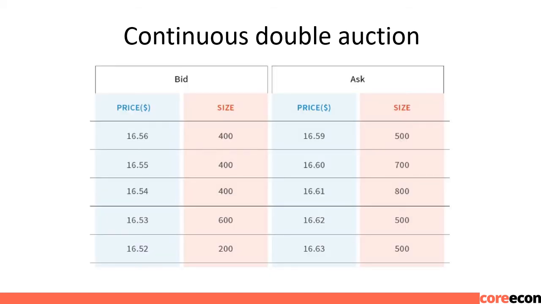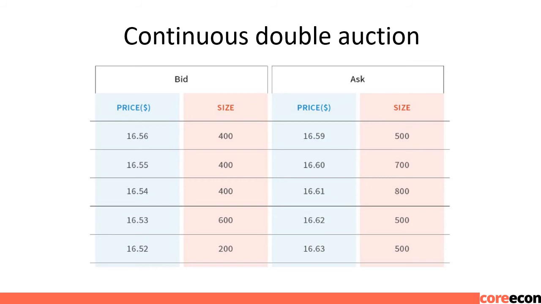Continuous double auction. The table shows what a continuous double auction might look like. Bid orders show the highest price to the lowest price a buyer is willing to pay. Ask shows the sell orders from the lowest price a seller is willing to accept to the highest price. There is no match here, so all these bid and ask orders are recorded in the order book.